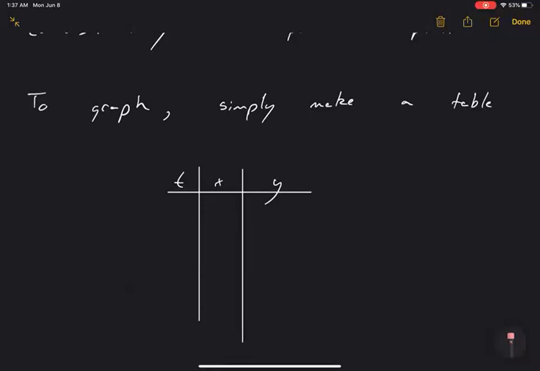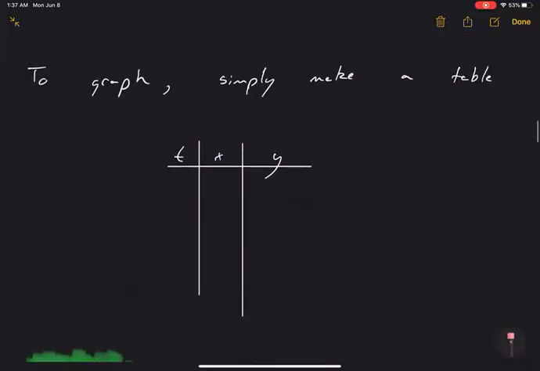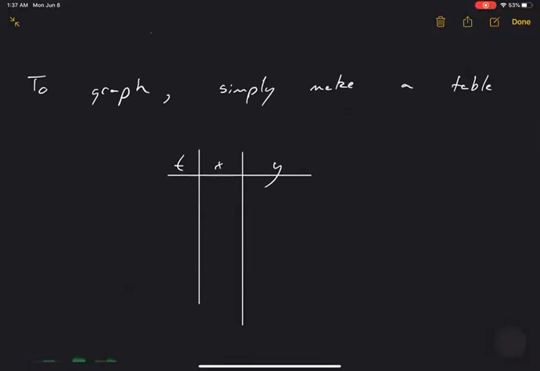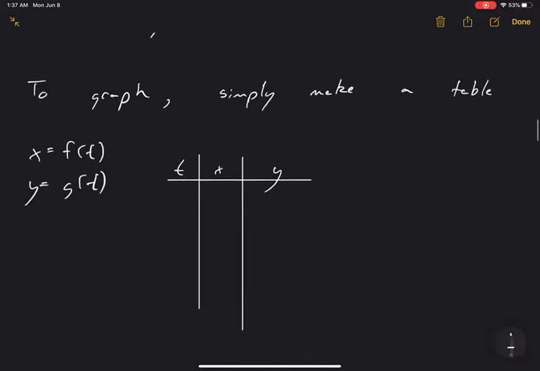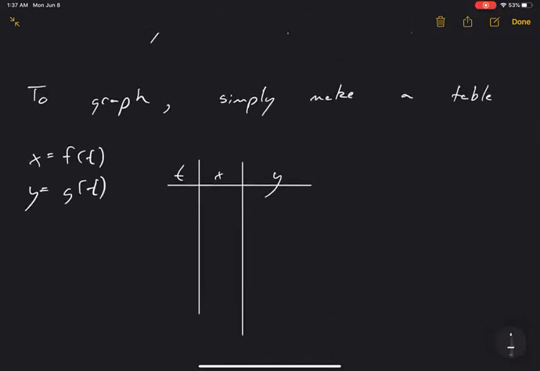I just make this table, as you see here. I have these equations: x equals maybe a function of t and y equals a different function of t. So how do I graph this? First thing I do is make a table and pick a bunch of t values. Maybe I pick 0, 1, 2, 3, 4.